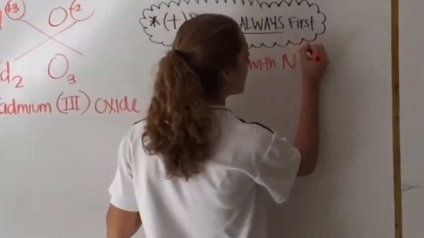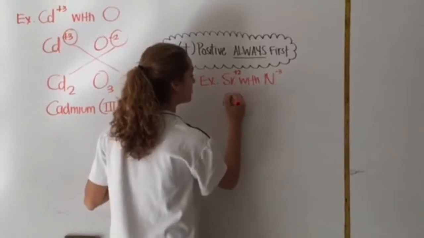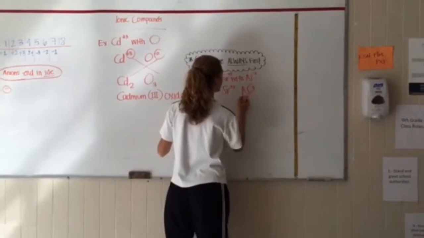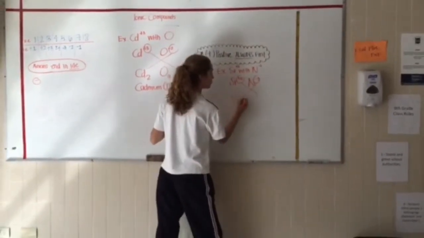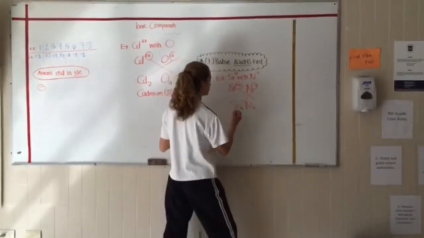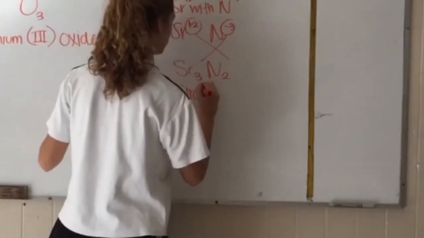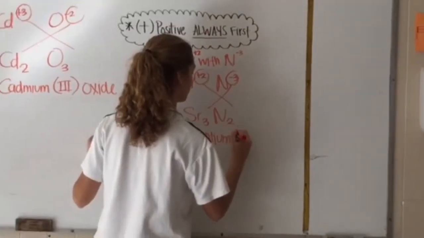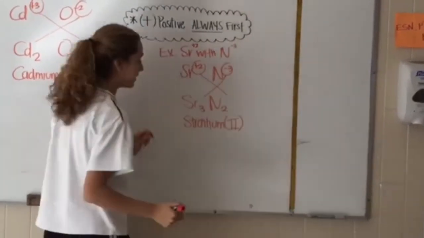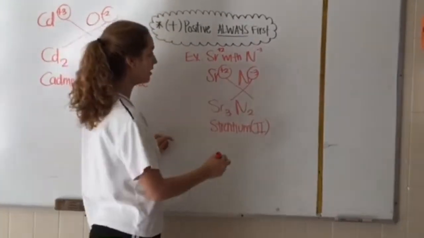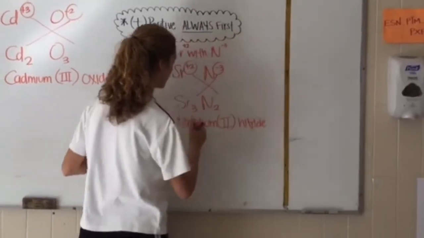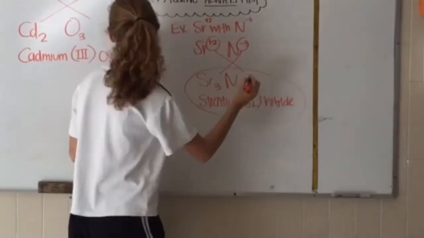It's going to be nitrogen -3. Here you cross them, so it's going to be strontium 3, nitrogen 2. And the name would be strontium, parenthesis, Roman numeral 2, because you put it before you changed it, nitride. And all this is going to be your answer.